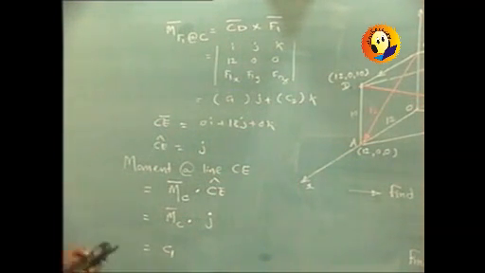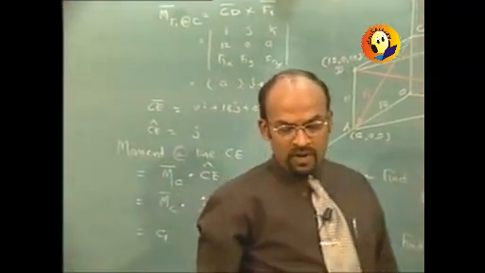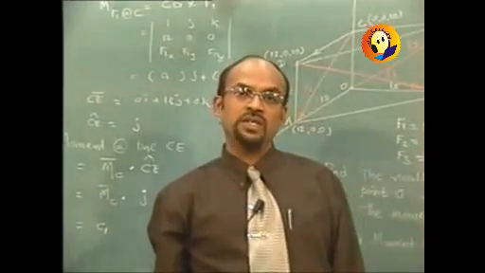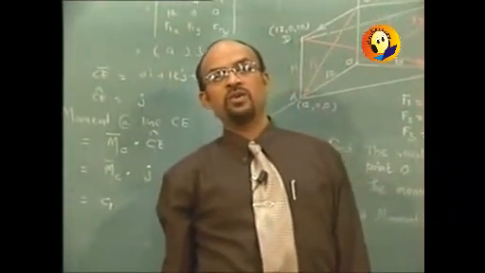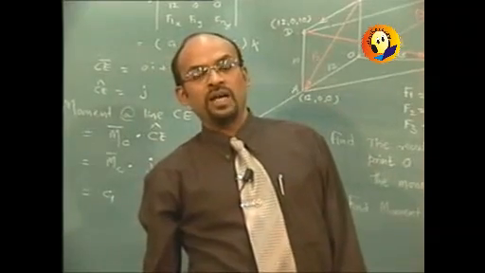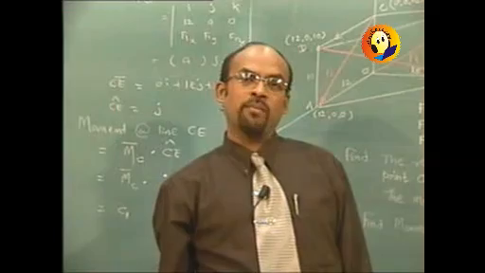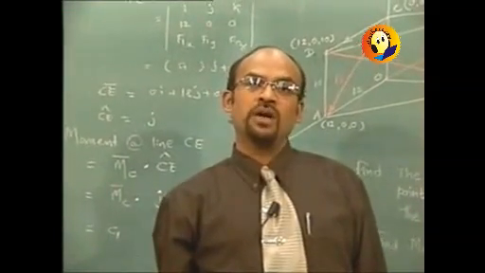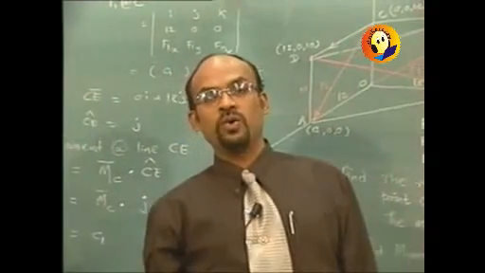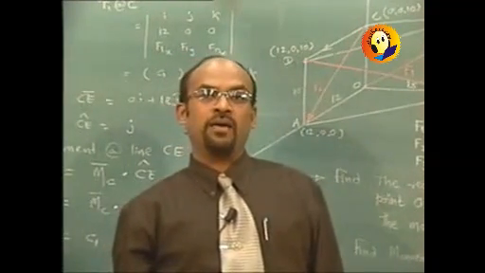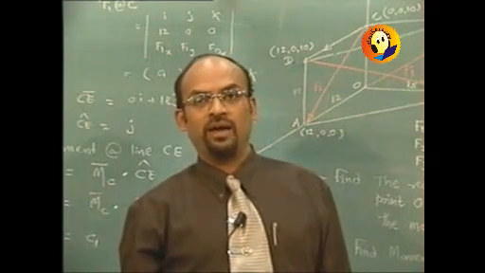Of course, when we calculated the moment of the force about origin, it contains something into i plus something into j plus something into k. Actually, the coefficient of i is nothing but the moment of the force about the x-axis, because when you want to find the moment of the force about the x-axis, you are required to take the dot product with i, and any vector dot i will be only the coefficient of i.